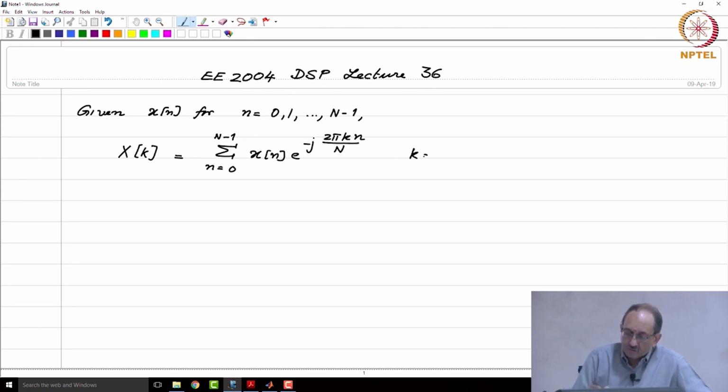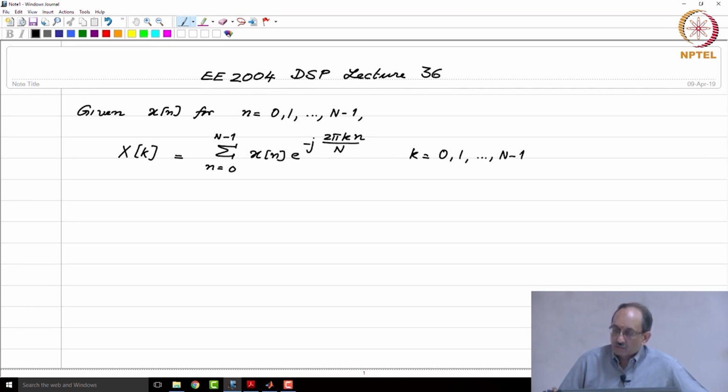And we saw that you need to consider only k for the indices 0 to N minus 1, because X of k plus N is the same as X of k. So, this is the DFT definition.